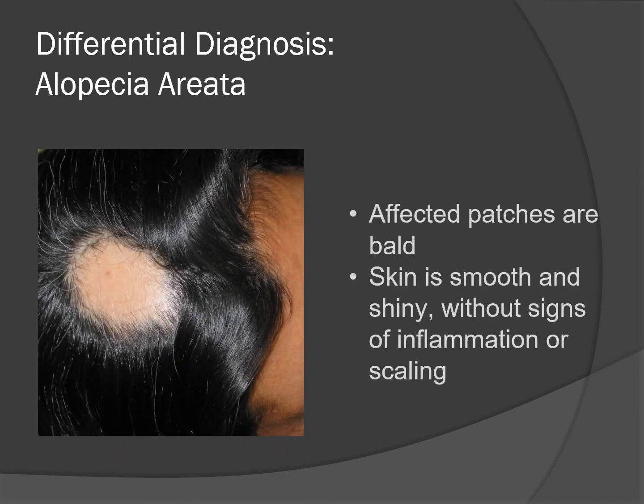Alopecia areata is a condition in the scalp where the affected patches that appear are truly bald, and the skin that we see is not scaly, but rather is smooth and shiny without signs of inflammation or scaling. Alopecia areata is an autoimmune type of disorder that is self-limiting, and the patient can have a regrowth of hair in these bald patches.